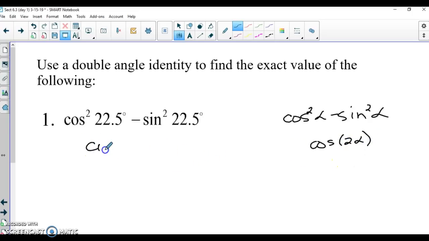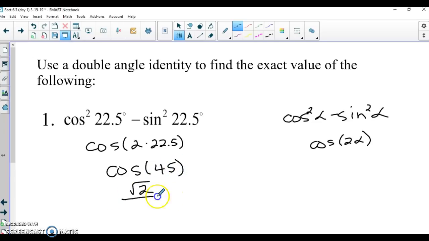So in our case, the angle is 22.5. So you can write that as cosine of 2 times 22.5, which just becomes cosine of 45 degrees. And the cosine of 45 degrees is square root of 2 over 2. And that's all you got to do. So that'll be your final answer.